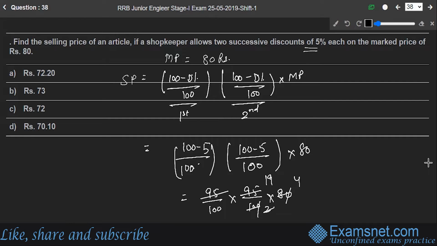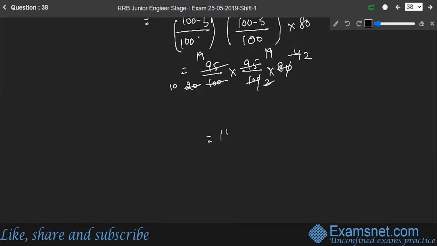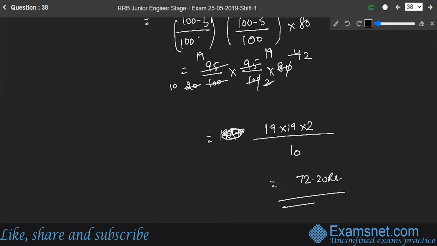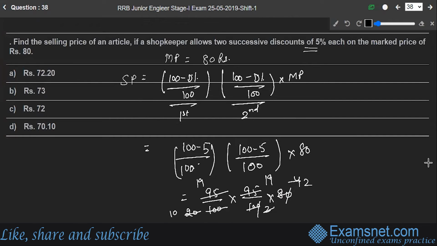And similarly, this will go at 20, 19, and a 10, and a 2. Okay, so here you have 19 into 19 into 2 upon 10, which gives you 72.20 rupees. So this is the answer to the question. Here you have option A as the right answer. Hope you understood this. Let's move to the next one.